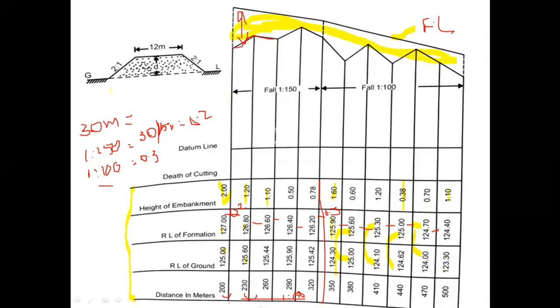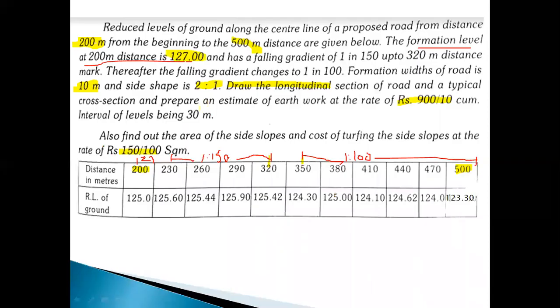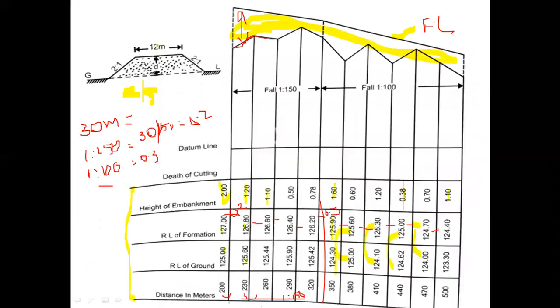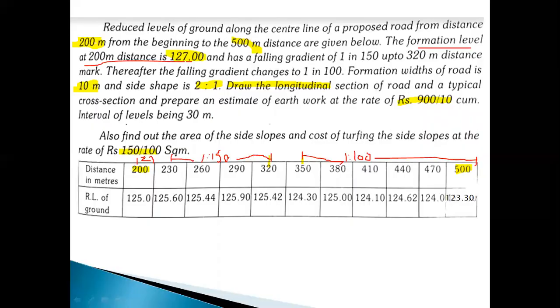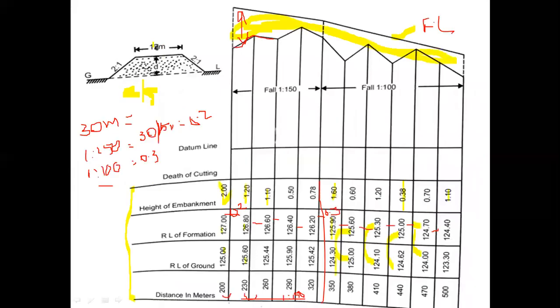So next one, the cross section. The formation width of the road is 10, and side slopes are 2:1.